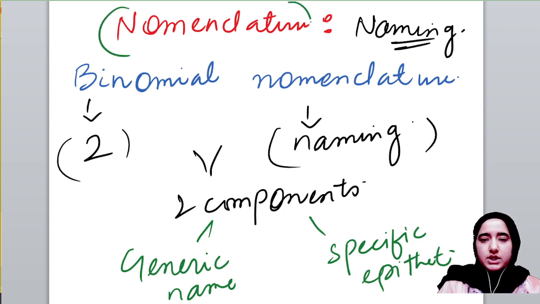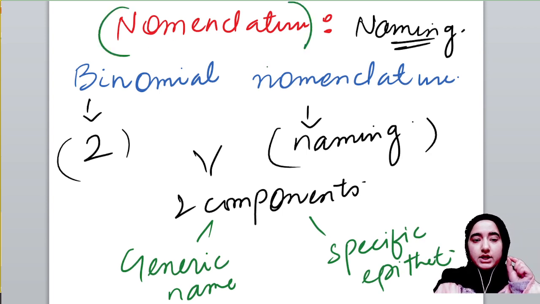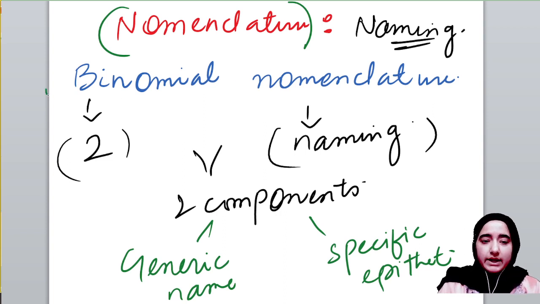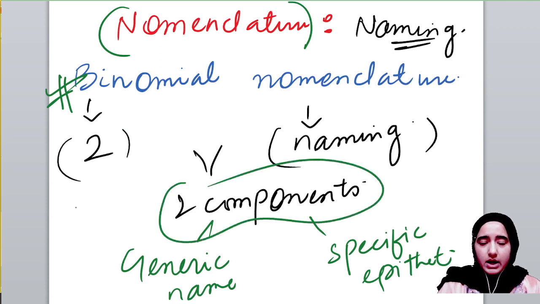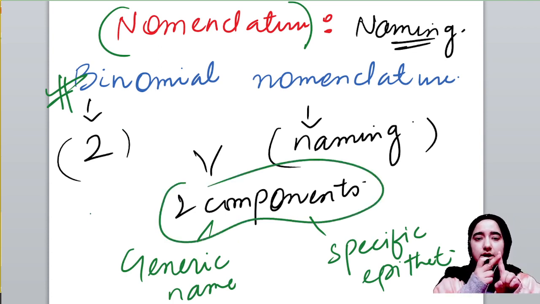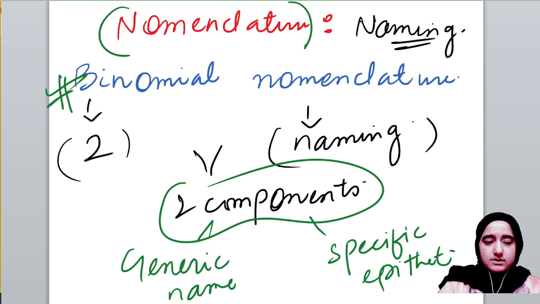Which nomenclature is done by scientists? They do binomial nomenclature. Binomial nomenclature simply means when we have two components in the name. The first component of the scientific name or biological name is always the generic name. That means we include the genus of that organism, and in the specific epithet we include the species. Please remember. Is this concept clear?